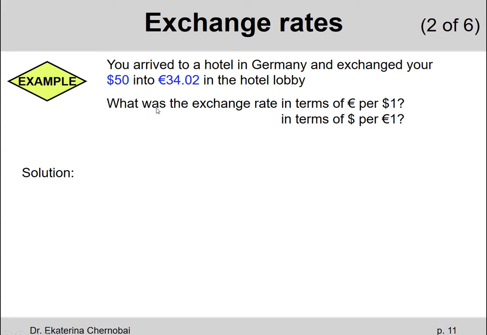Question: what was the exchange rate that was used for this transaction? And it needs to be expressed in terms of euros per $1 as well as in terms of dollars per 1 euro. So we want to do two calculations that will mean the same thing.